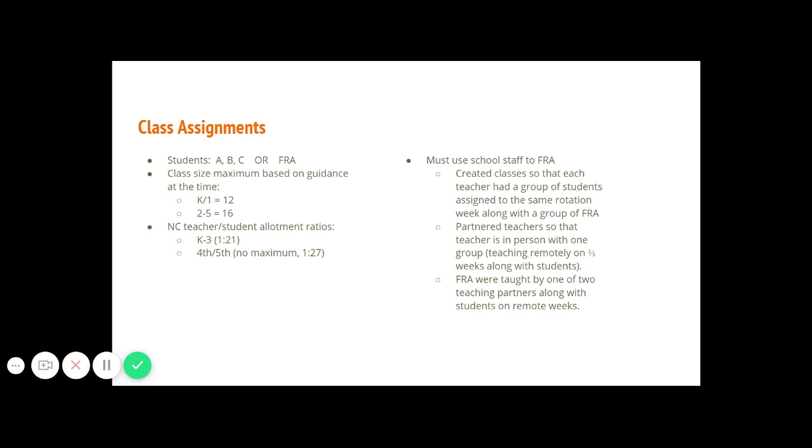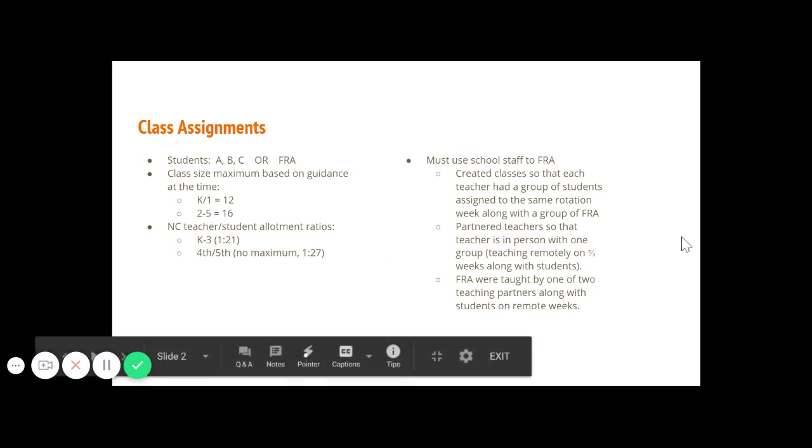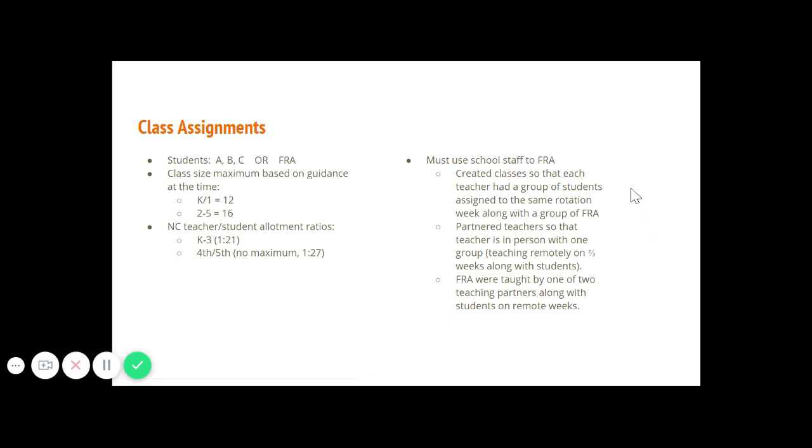We then partnered our teachers so that while a teacher was with in-person students, a partner teacher was working with students who were in an off-rotation week, along with our students in full remote academy. This made sense because our students were going to be working remotely 2 out of 3 weeks on each rotation. This also meant that our full remote academy students were taught by the teaching partners along with students on remote weeks and were integrated together.